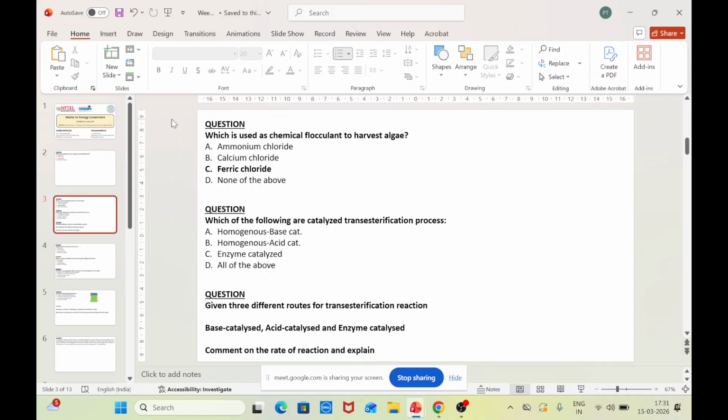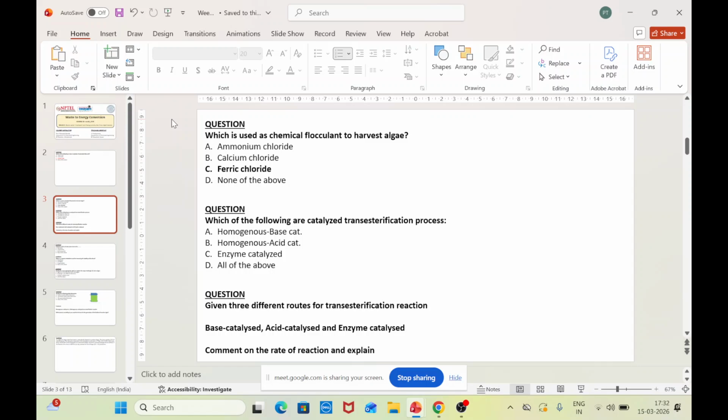So flocculation is basically a process where the colloids come out from the suspension in the form of flocs or flakes, whatever you call it. So a flocculant is the one that helps the flocculation process and aids in the formation of the flakes.